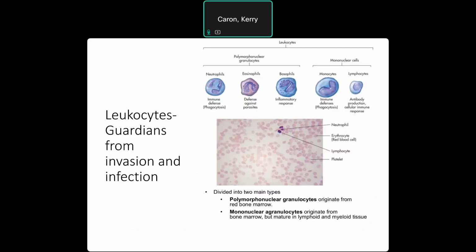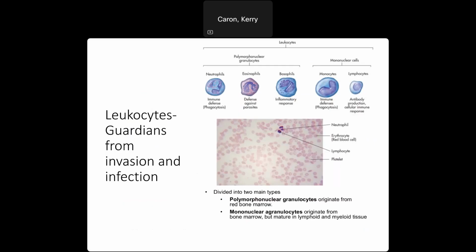Your leukocytes, so we call them white blood cells. Leuko meaning white, cyte meaning cell. These are the guardians from invasion and infection. Some of them are polymorphonuclear and some of them are mononuclear, or one nucleus. So your neutrophils, your eosinophils, and your basophils are the polymorphonuclear granulocytes.